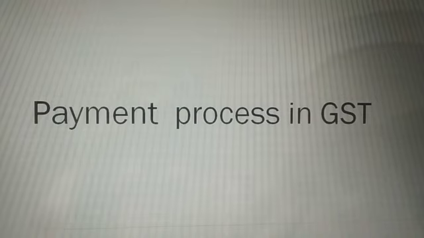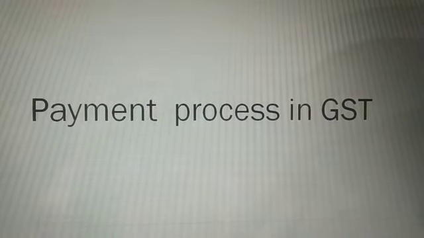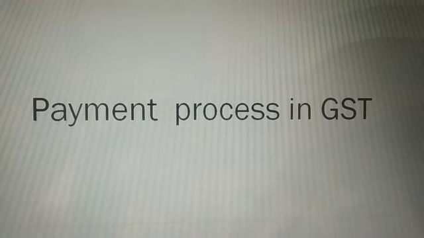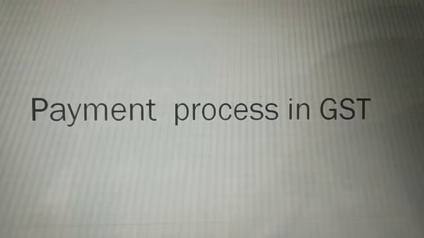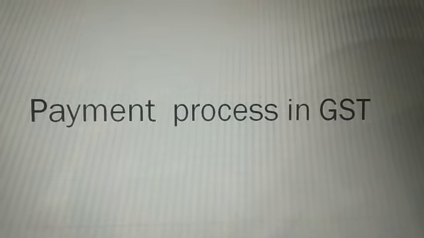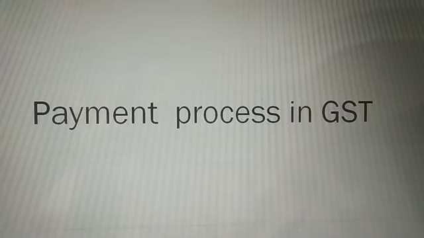Today I am going to discuss with you one of the topics, that is the payment process in GST. Before that I will discuss something about GST. Here GST is an indirect tax which was introduced on 1st July 2017.